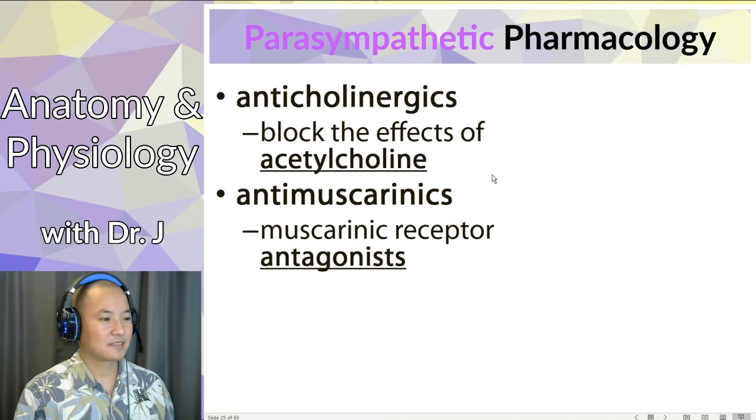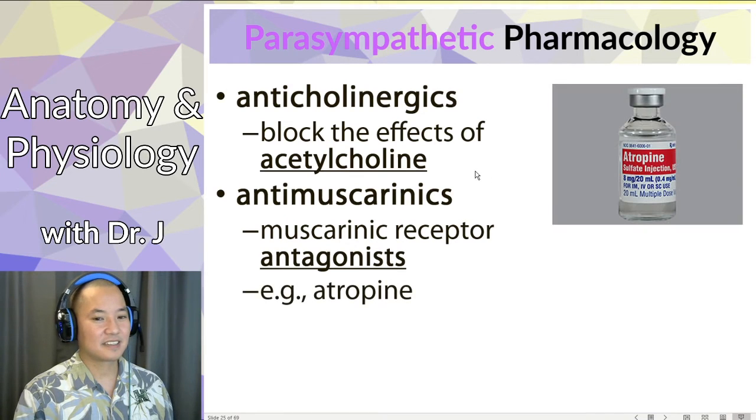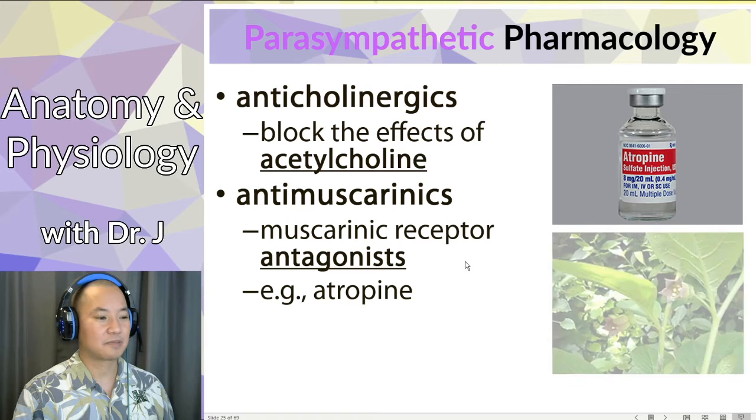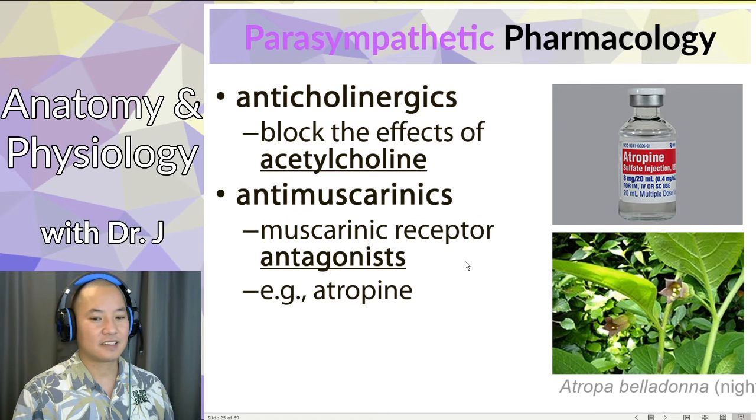So these are muscarinic receptor antagonists, and this includes things like atropine. And this is actually very interesting because it was originally derived from a natural product. This is the belladonna plant, also known as nightshade. So this is a poisonous plant, but if you extract this chemical and give it at the right dose, it can be used to block parasympathetic activity when you don't want it.